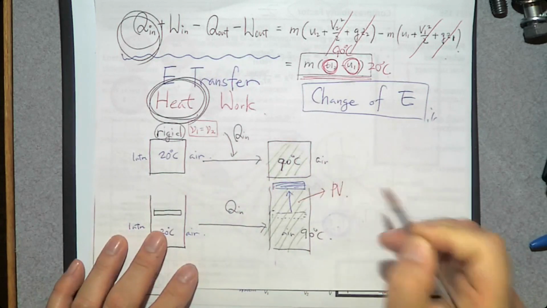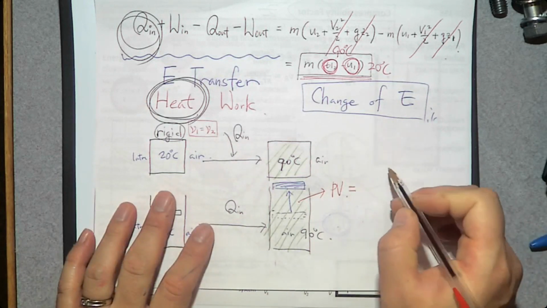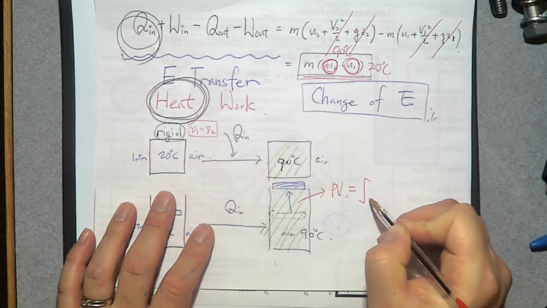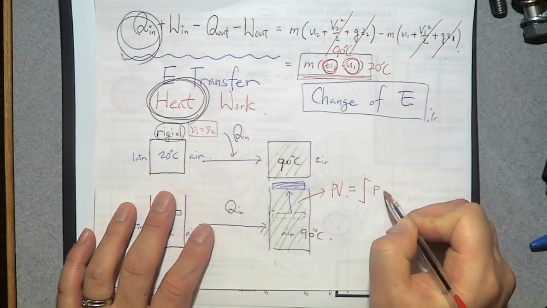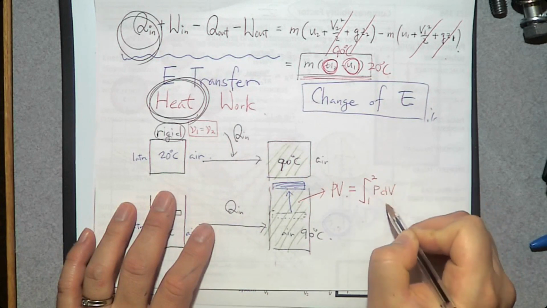But you cannot just say pressure times volume. If it is constant pressure, you can say pressure times volume, but pressure can change, volume can change. So mathematically, it should be the integral of pressure over volume from the initial state to the final state.